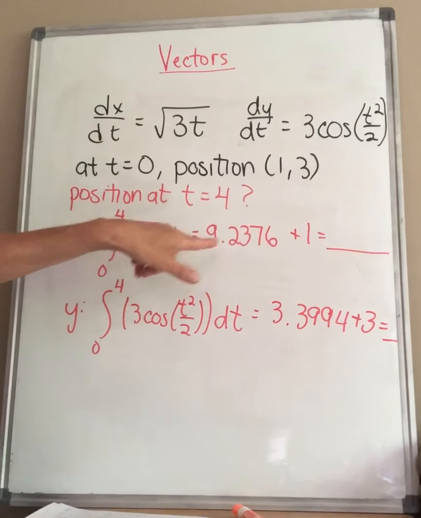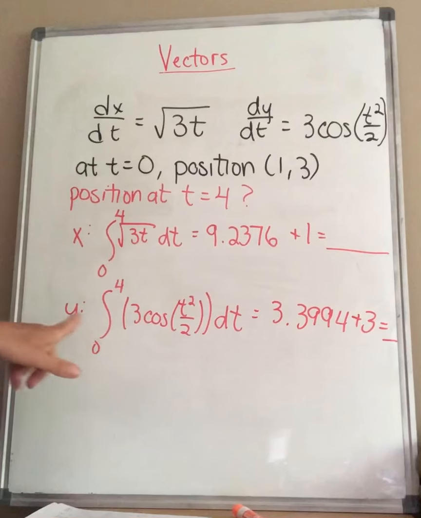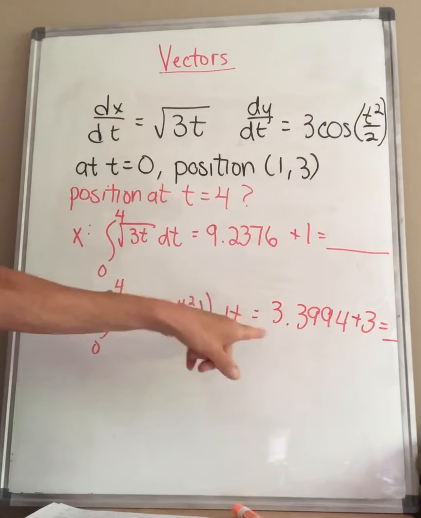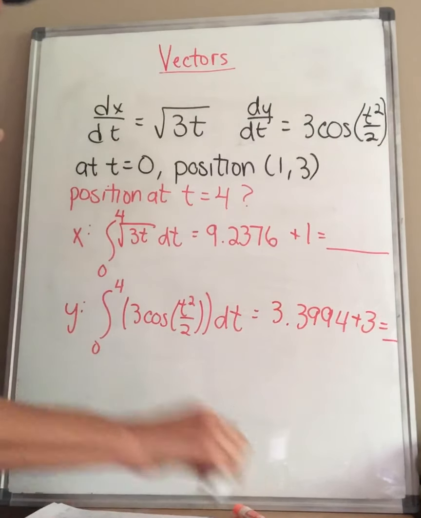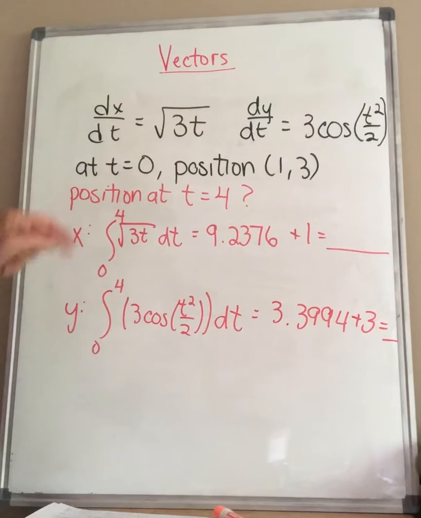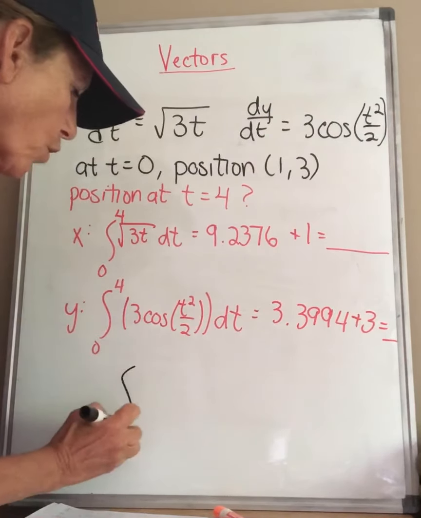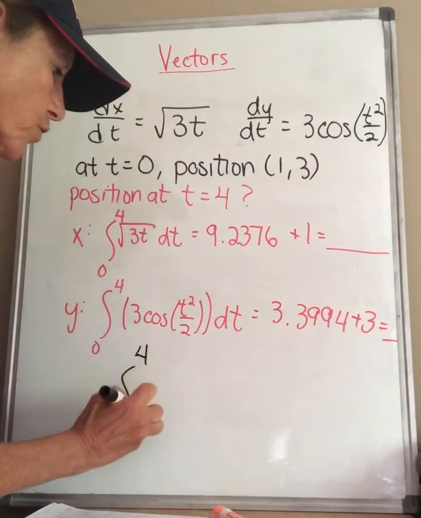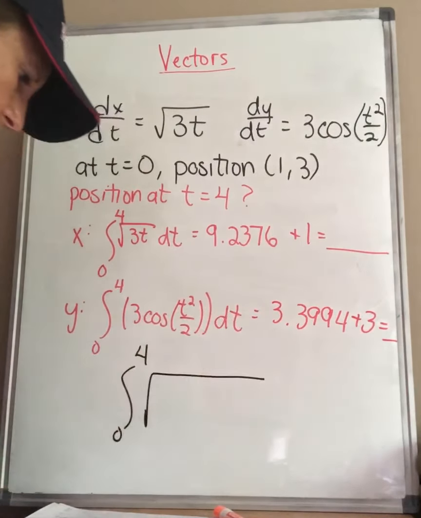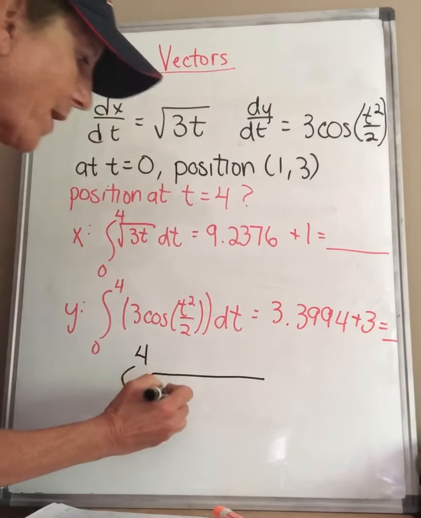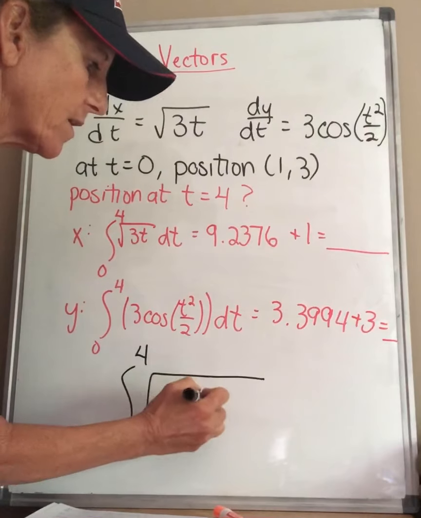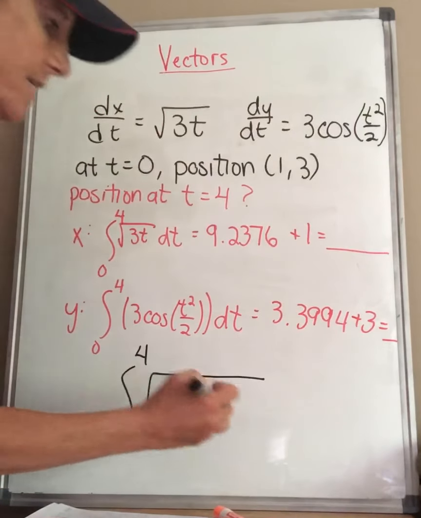My x value is 10.2376, and the coordinate for y would be 6.3994. If I ask you the distance traveled, how far did this particle move from time 0 to time 4, you're going to integrate from 0 to 4 the square root of 3t squared, I'm just going to write it as 3t, plus dy/dt squared.